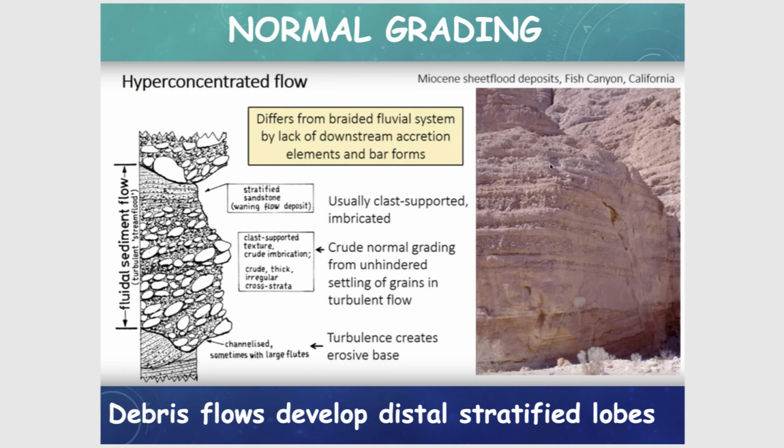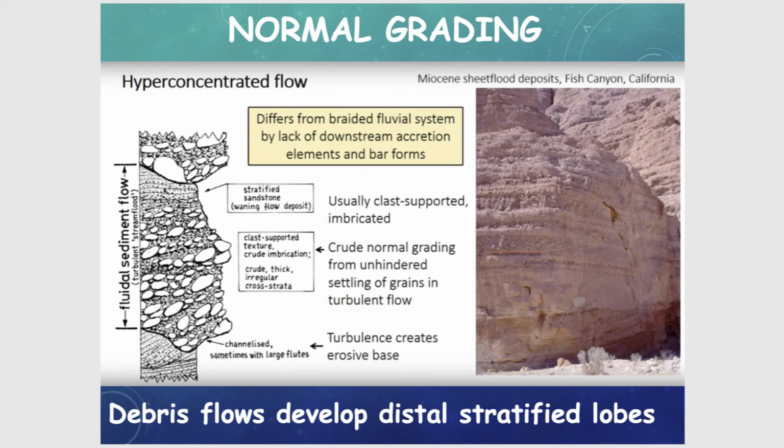So this is, again, a repetition, but this was a better diagram to explain the structures that you commonly find in these deposits. So remember that those debris flows will develop usually distal stratified lobes, and so those stratified lobes will be more like this.